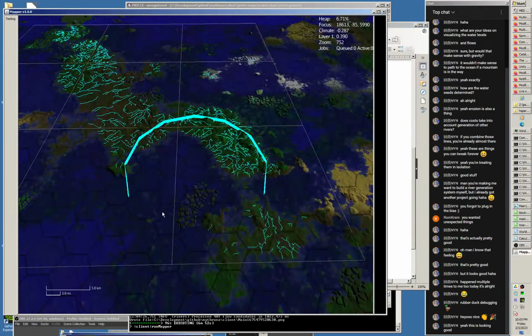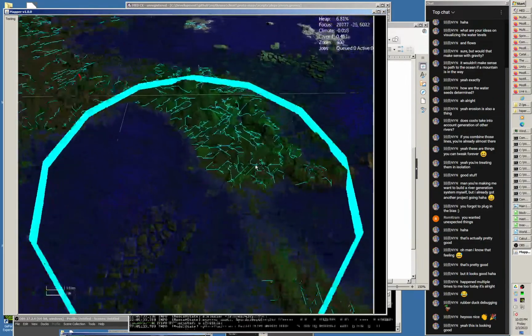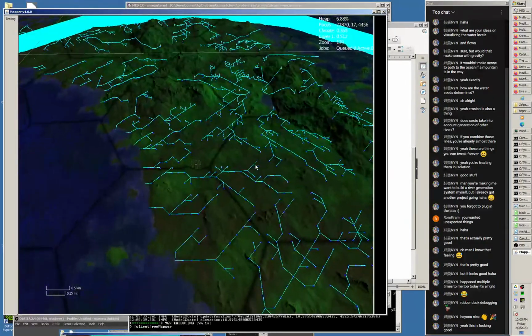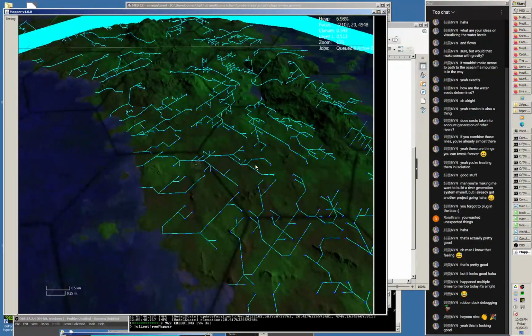If I do it in multiple passes, I can decide. So let's look over here, right? So I'm calculating rivers. First, I do a pass that just does straight gravity, maybe biased by trying to join to existing rivers if they're already there.